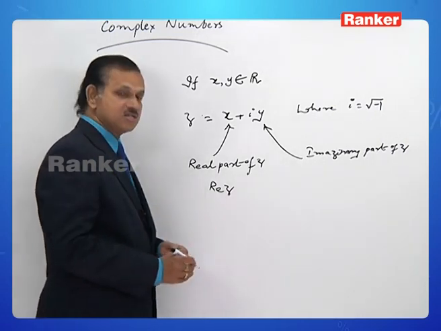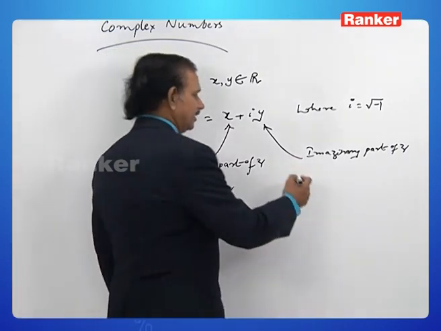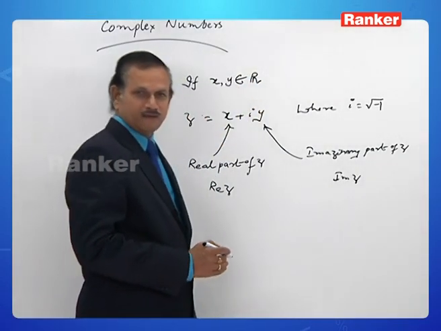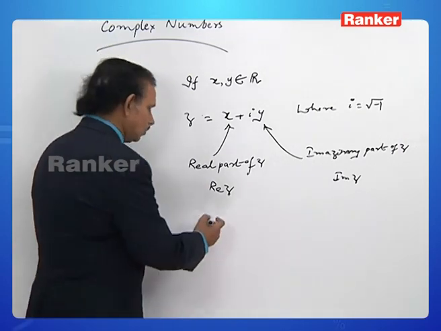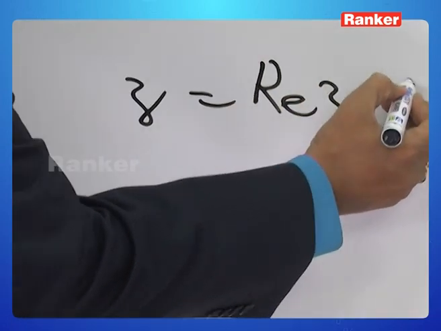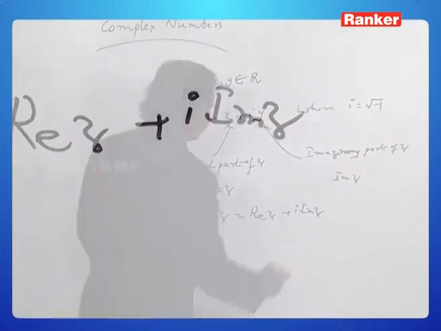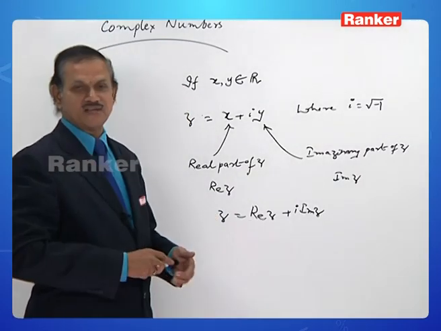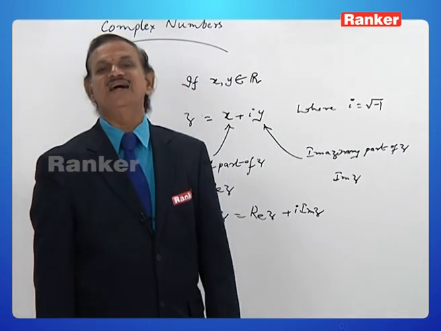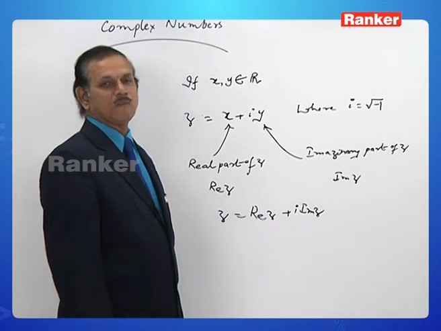Even though we write Re z, we read it as the real part of z. Similarly, the imaginary part of z we write like this. By keeping these things in view, z is equal to the real part of z plus i into the imaginary part of z. This is the basic definition of a complex number.